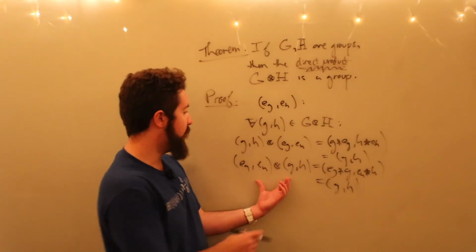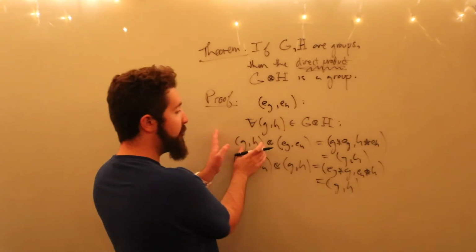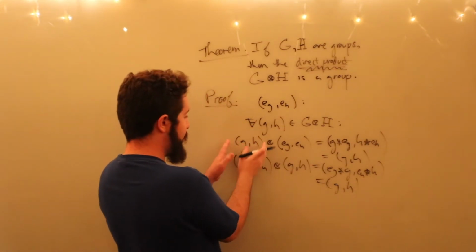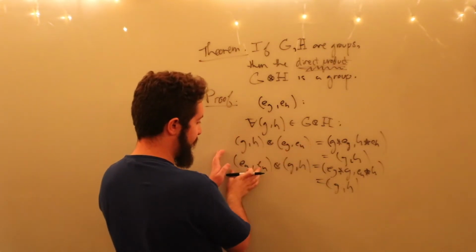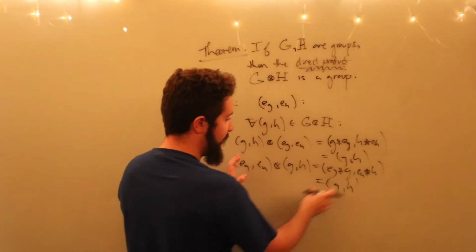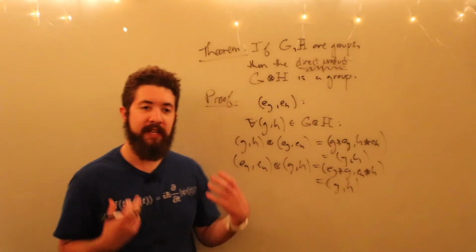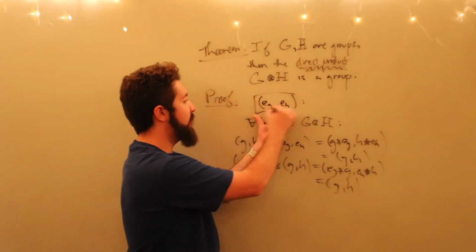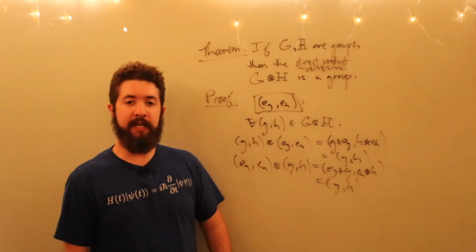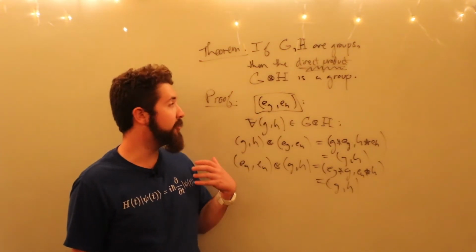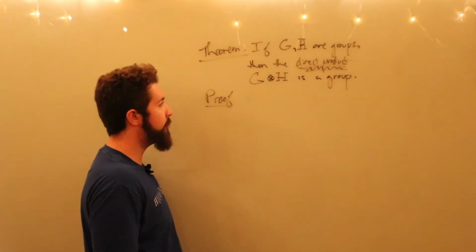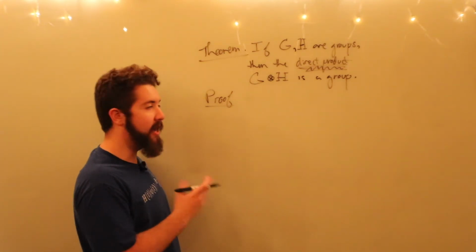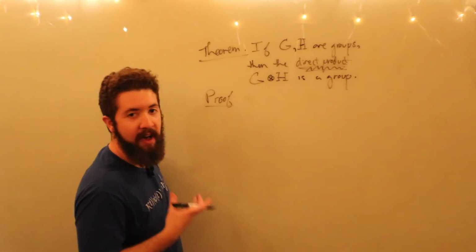Because of this, for any arbitrary element of the direct product group, this element times the identity is equal to the identity on the left times this element, which is equal to just that element. So (E sub G, E sub H) is indeed an element which serves as an identity for our direct product. So does every element in the direct product set have an inverse?